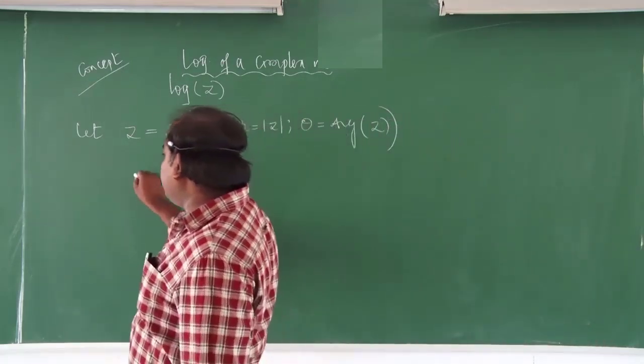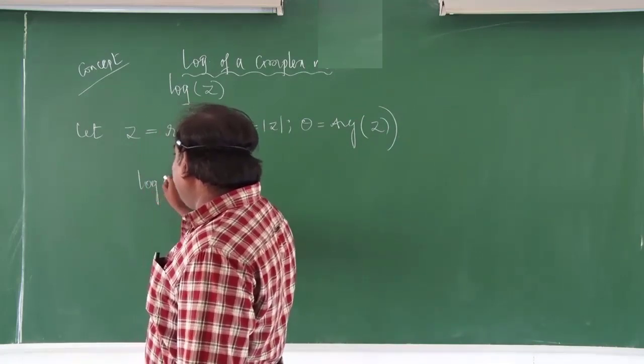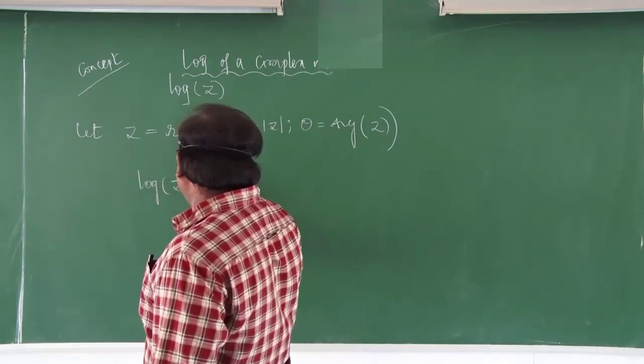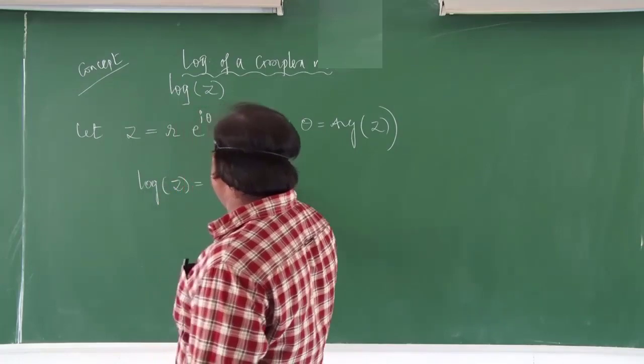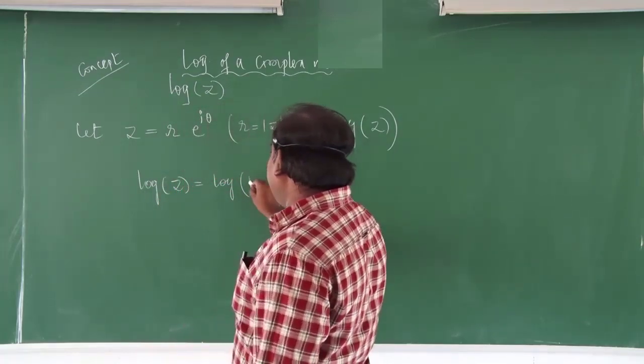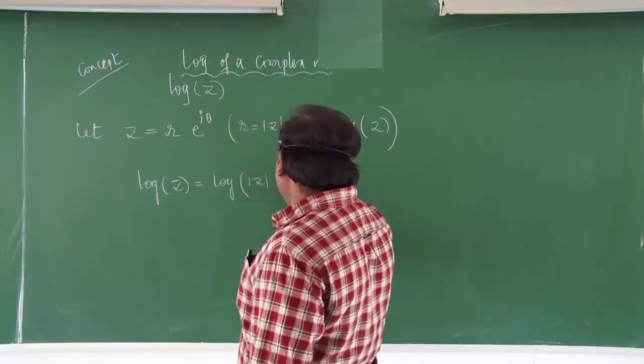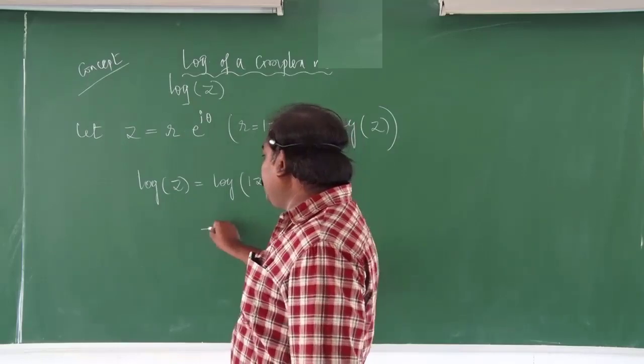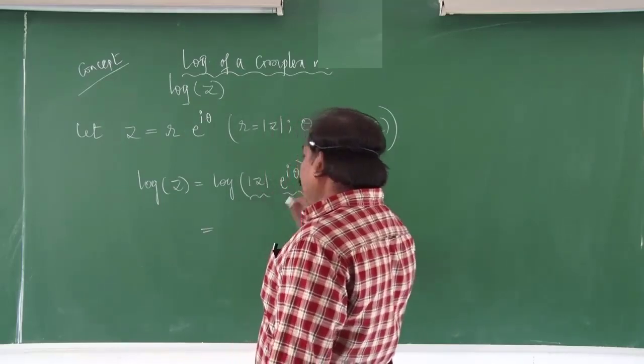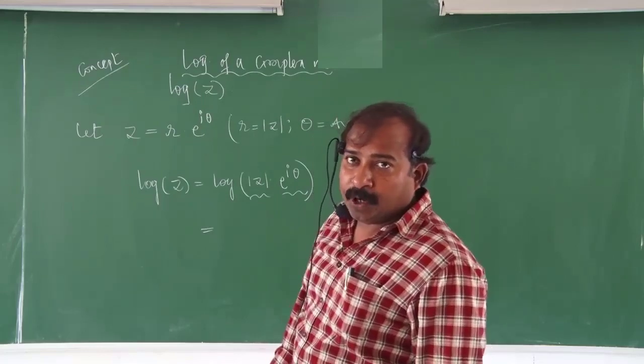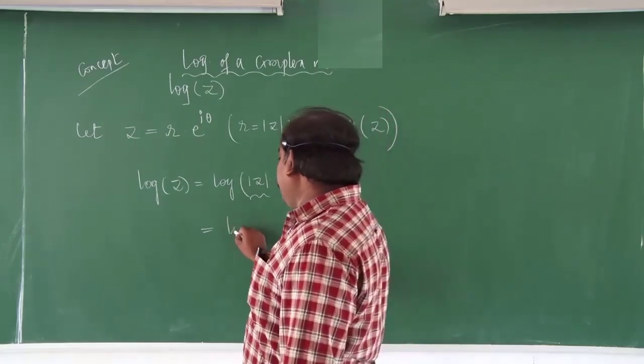So apply logarithm on both sides. Logarithm of z is equal to logarithm of r, which means mod z, into e power i theta.